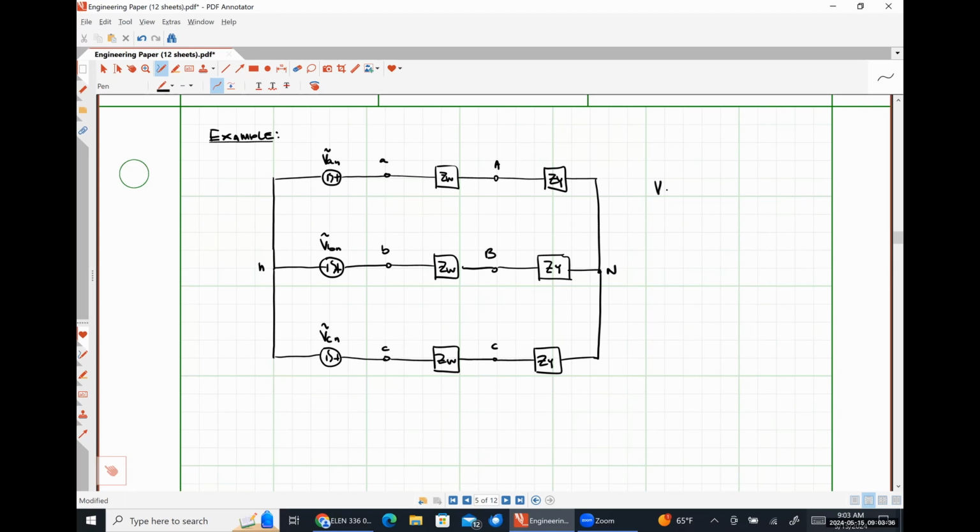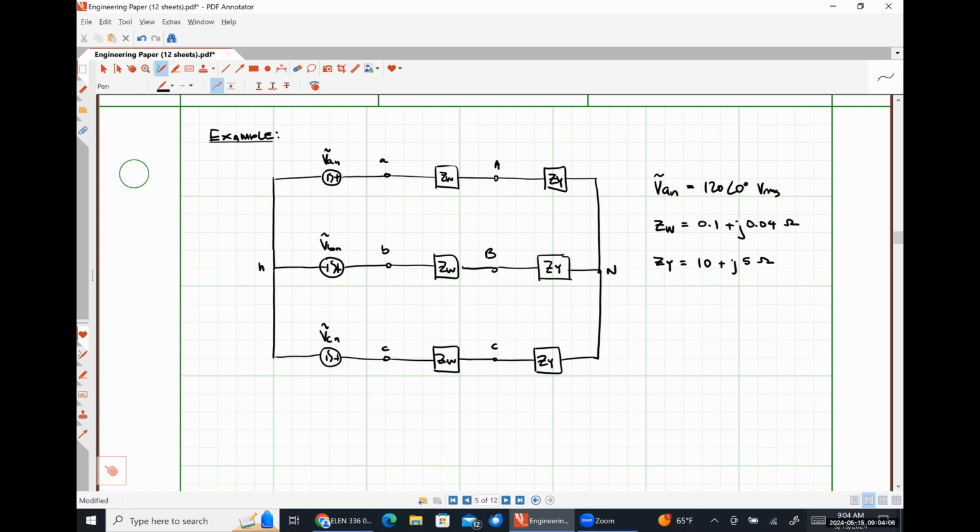Let's say that VAN is 120 angle 0 degrees volts RMS. Our impedance ZW is 0.1 plus j0.04 ohms. Our impedance ZY is 10 plus j5 ohms.